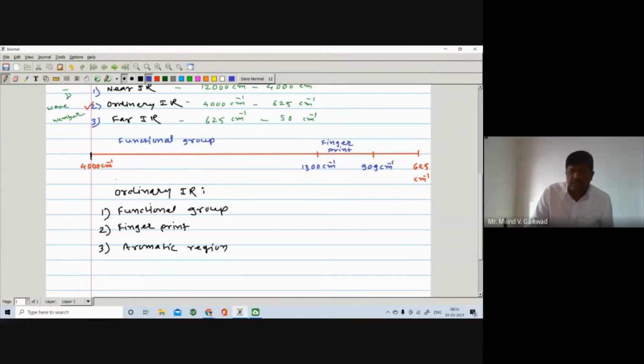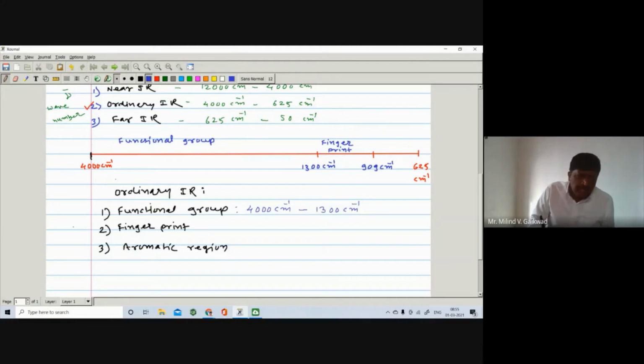So you have seen that the functional group region is from 4,000 centimeter inverse to 1300 centimeter inverse.